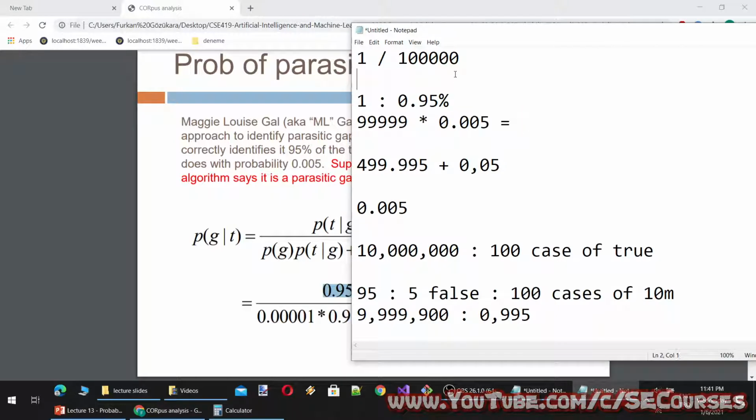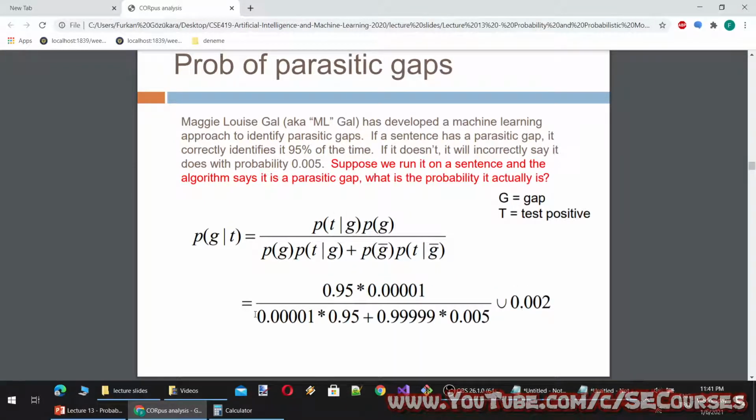This is what we have calculated, and it makes this. Then it is divided by the other term, plus the term we have also calculated like this.